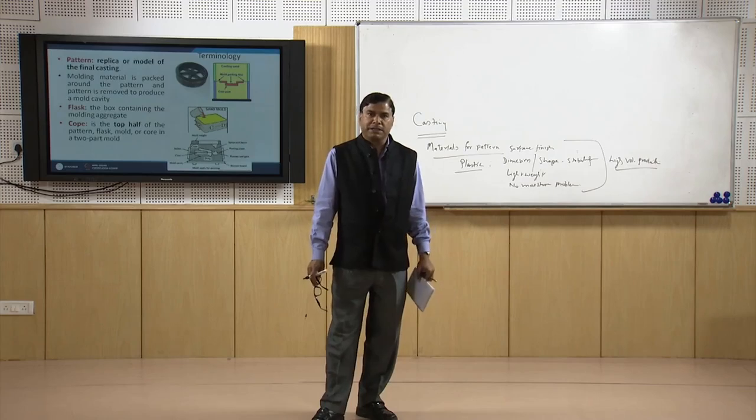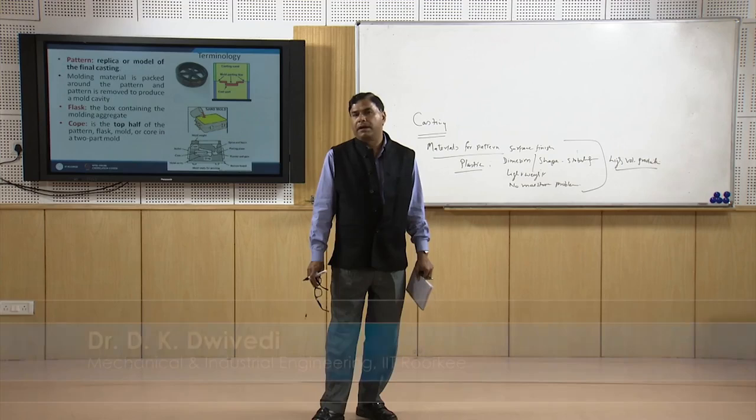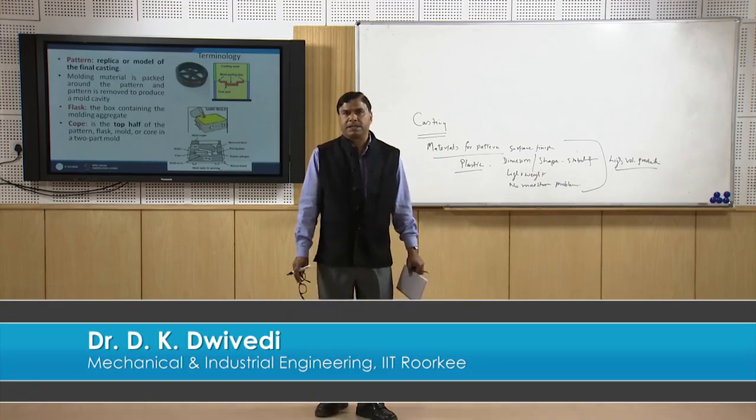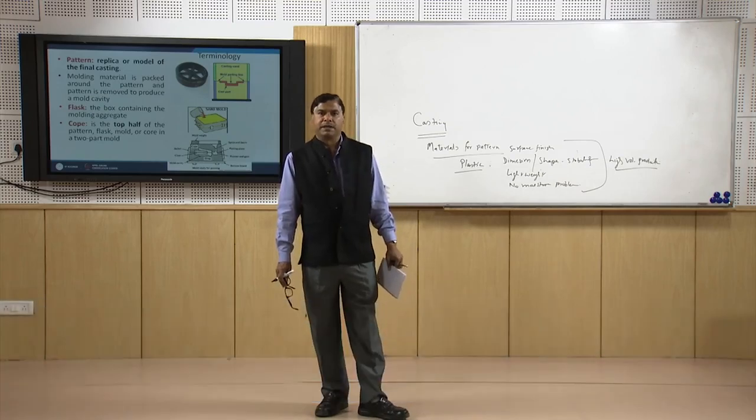So, all these factors need to be considered while selecting the material for the pattern. If the material is selected properly, then we will be able to have the castings of the desired quality and characteristics, that too economically.